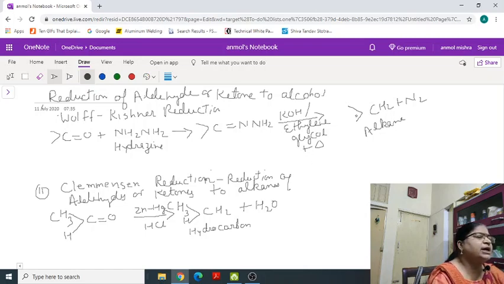So in these two reactions you will see that in the Clemmensen reaction the medium is acidic, and in the Wolff-Kishner reaction the medium is basic. So this is the main difference. In both reactions the carbonyl compound is converted into alkane. Next topic is oxidation.